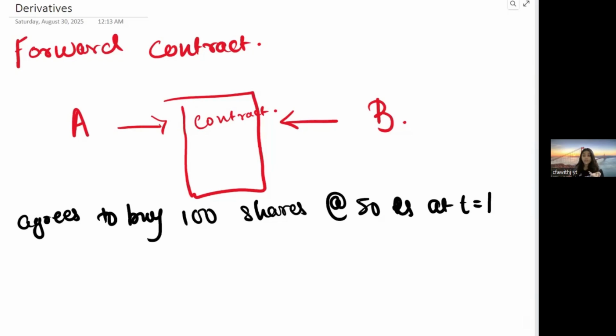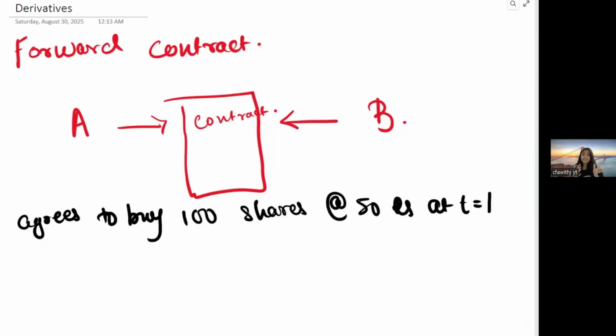The remaining amount is 50 minus 25, that is 25, and 25 into 100 is 2500. So A will only give 2500 to B, and in return he will receive 100 shares for 50 rupees each. This is called cash settlement, and this usually happens in forward contracts.